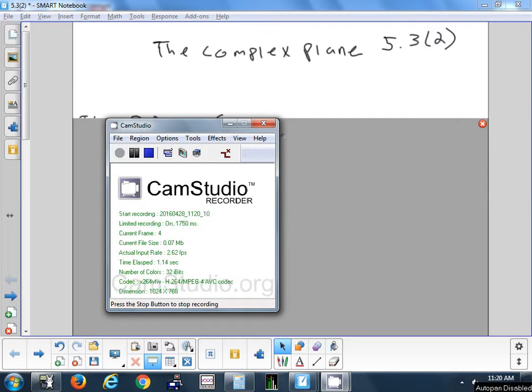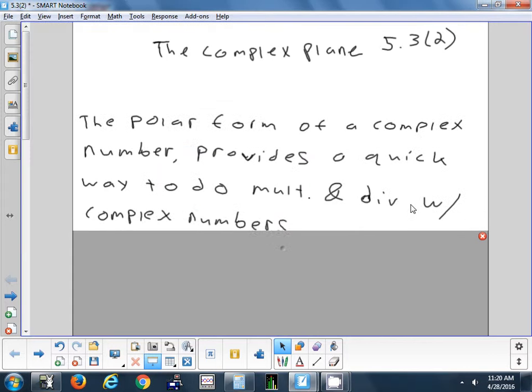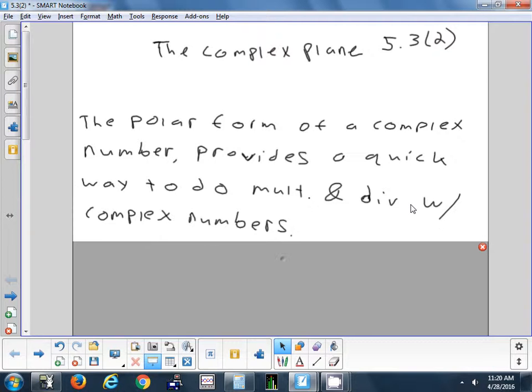Right, so our last section, we're going to look at 5.3 again. Okay, just part 2. So yesterday we learned how to write a complex number in polar. And the advantage to writing it in polar is it gives us an extremely fast way to multiply and divide complex numbers.